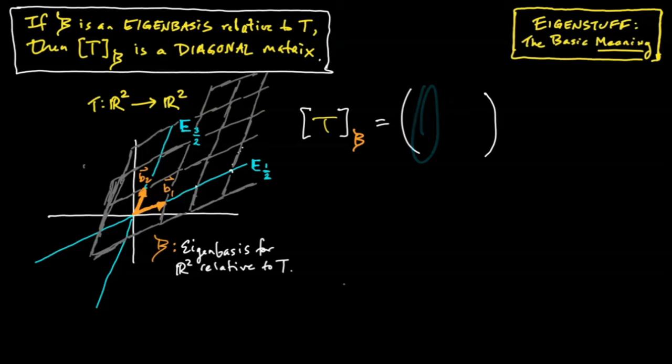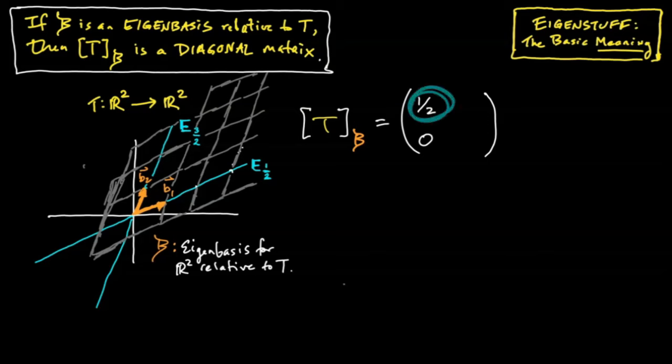Well, the first column is the image of the first eigenbasis vector expressed in B coordinates. Well, the first eigenvector has eigenvalue 1/2, so it gets mapped to half of b1. So its b1 coordinate is, of course, 1/2, and its b2 coordinate is 0 because we don't take any steps in the b2 direction.